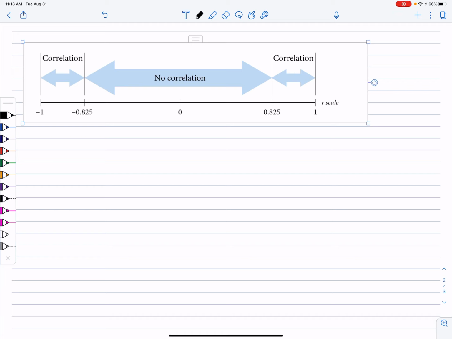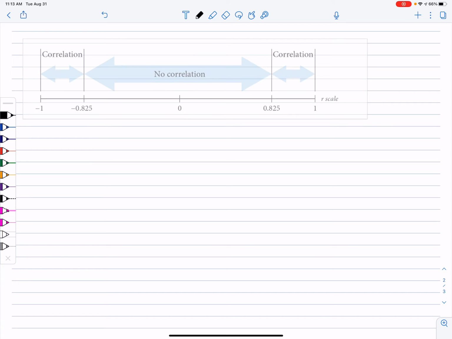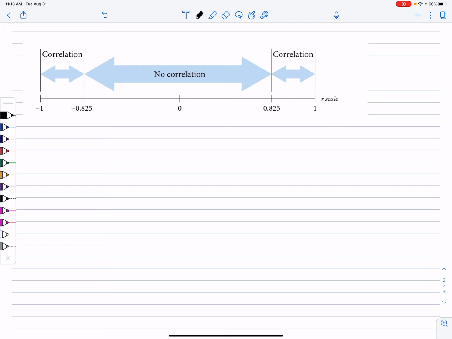we have an R scale. And the R values that are between 0.825, let me write it down, so numbers that are between 0.825 and 1 fall in the correlation region.